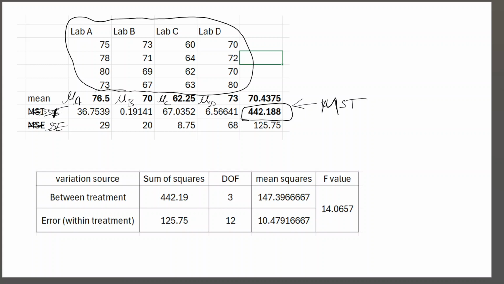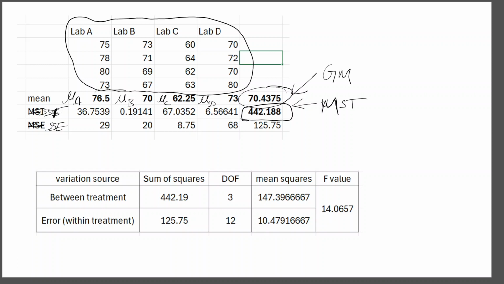Similarly, within the treatment, but before that, let me explain how we calculate the sum of the differences between the treatments. I calculated the grand mean. From the grand mean, I took the difference, like 76.5 minus 70.43, the whole square, which gives 36.75.